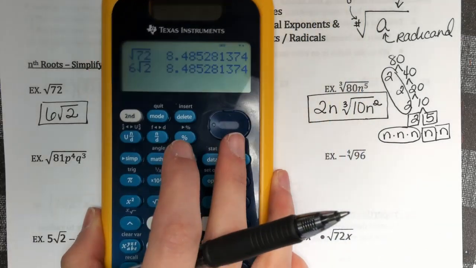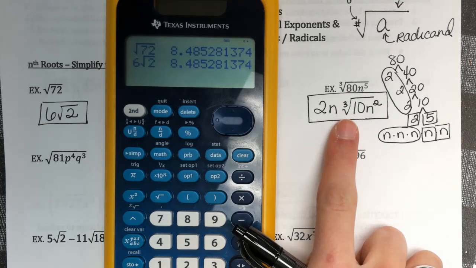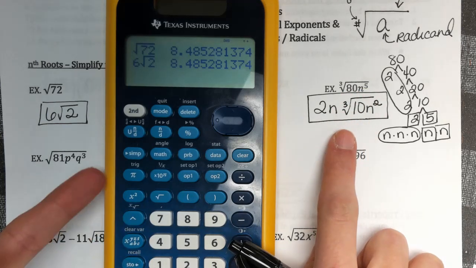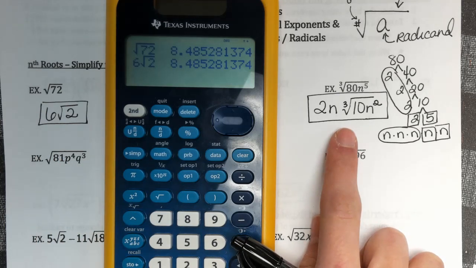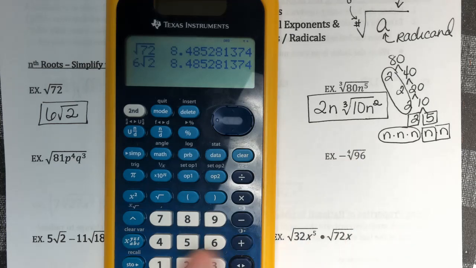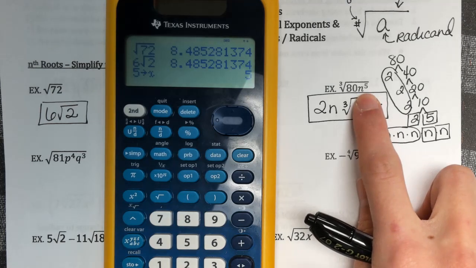Now, if you wanted to check something like this, okay, you obviously can't put an n in here, but we know how to store a value for x, right? So pick any number you want. I would not do 0. I always do 5. Okay, say 5, store for x, and that just puts some placeholder for my variable.